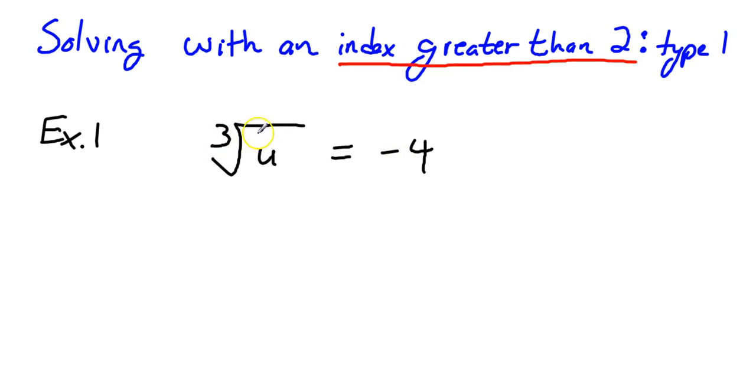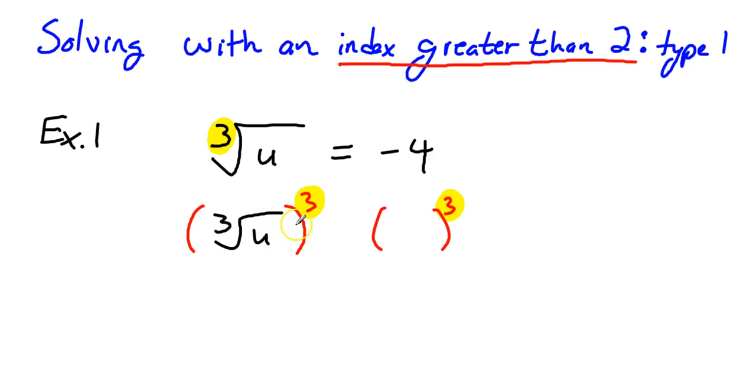If it was a square root, we squared both sides. If it's a third root, you raise both sides to the third power. So whatever your index is that's here, that's the power you have to put here. That way, when you do the third root of u to the third power, the third root and the third power cancel each other out.